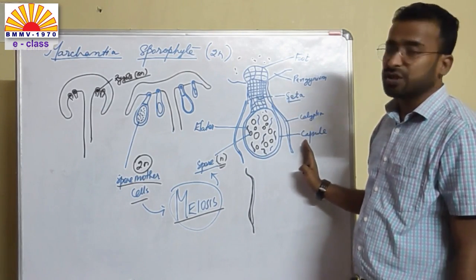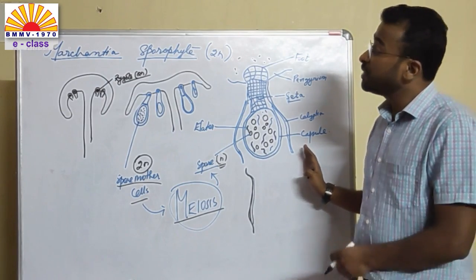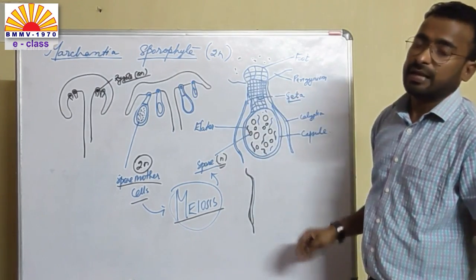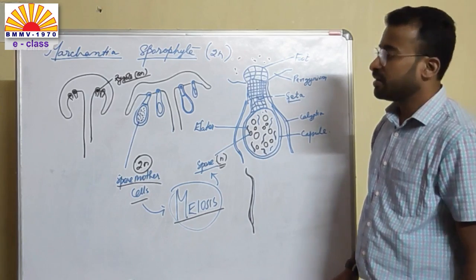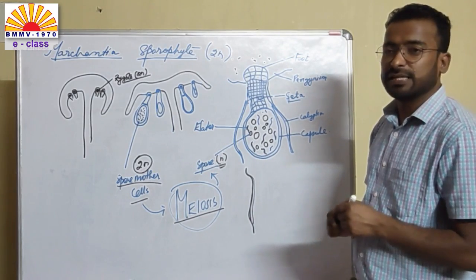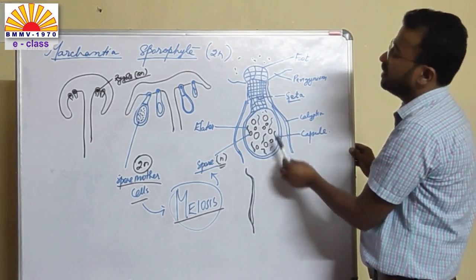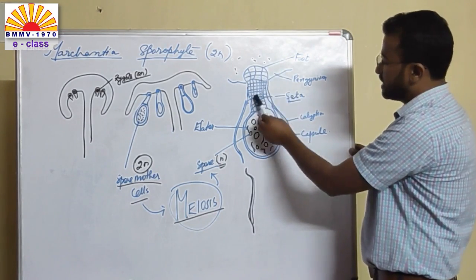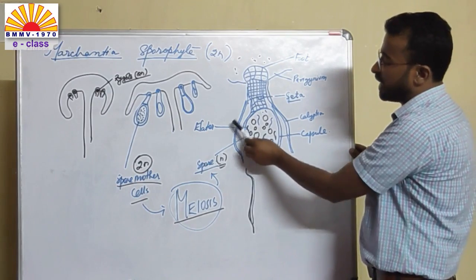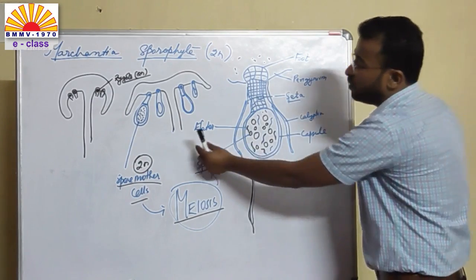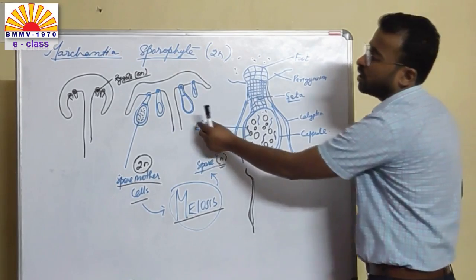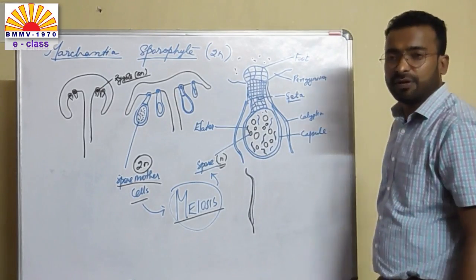This is the only structure in Marchantia that represents the sporophyte and is diploid in nature. So in the case of Marchantia, the sporophyte is a diploid structure that contains the foot, seta, and capsule, and it is always attached to the female gametophyte.